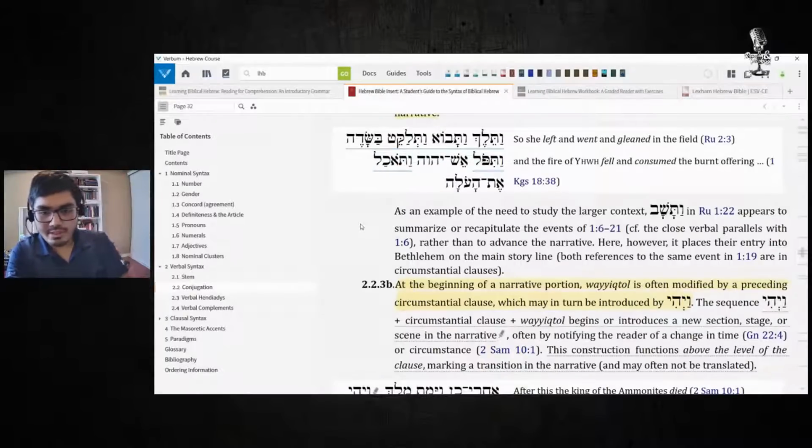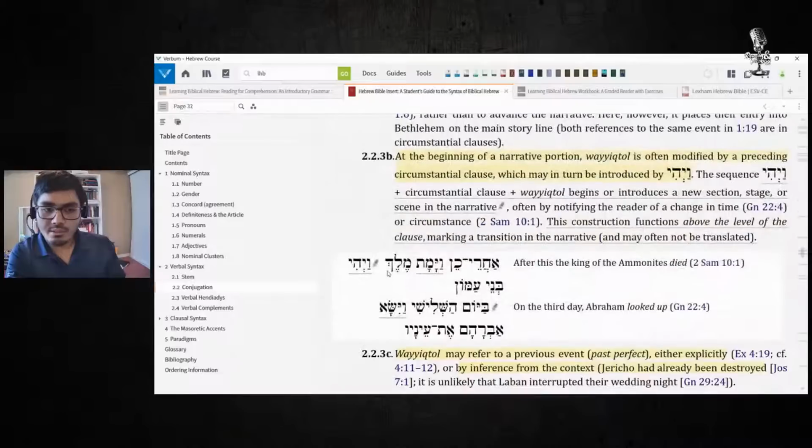Now, at the beginning of a narrative, a vayyiqtol could sometimes be modified by a preceding circumstantial clause, and that's usually introduced by the word Vayhi, which you may recognize as the vayyiqtol form of Haya.